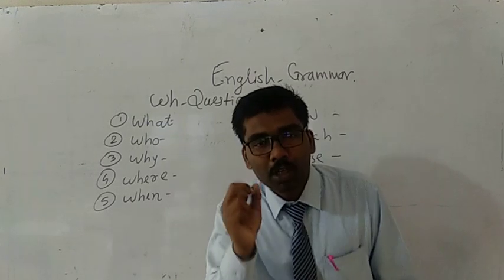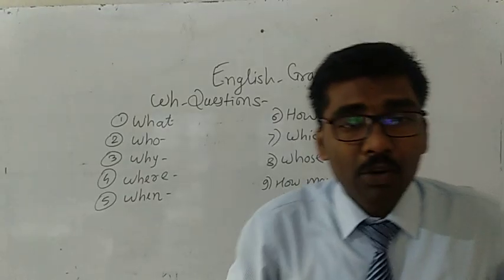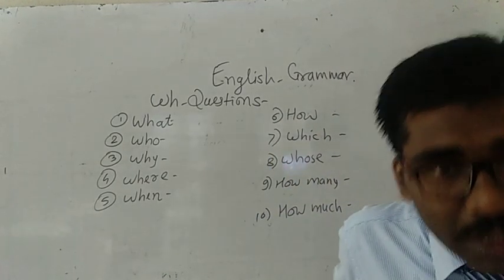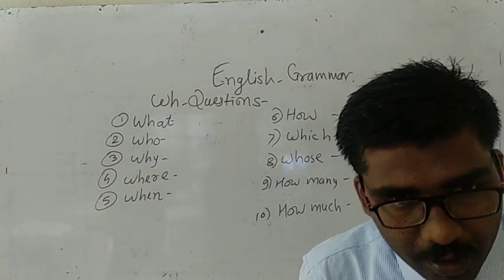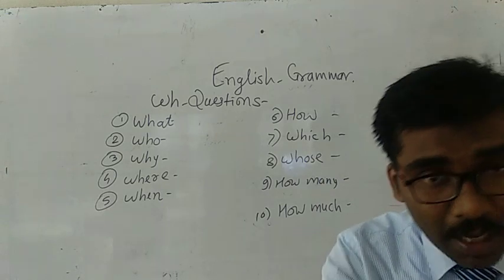So dear students, how to use the proper WH word? Because to frame a WH question, you need to use a WH word. But how to use the correct WH word, I am telling you.